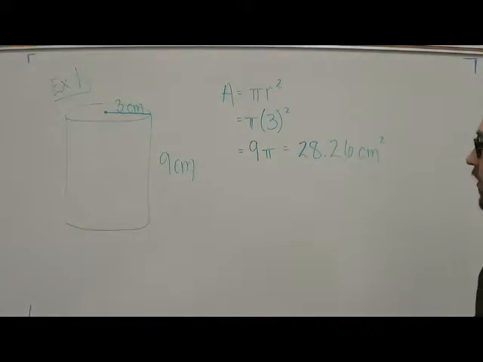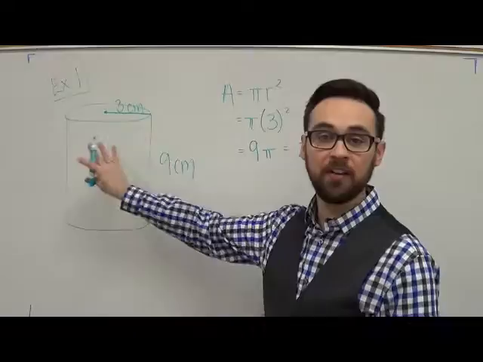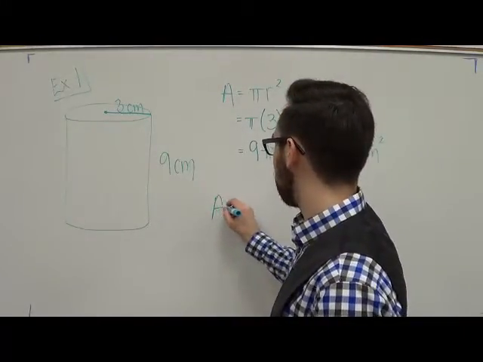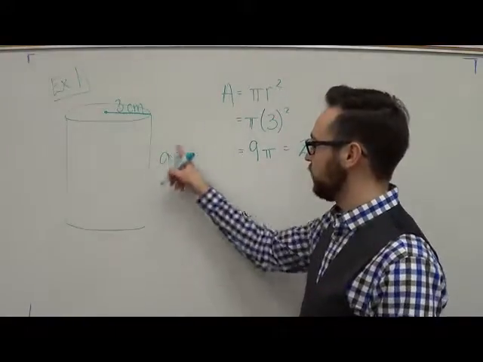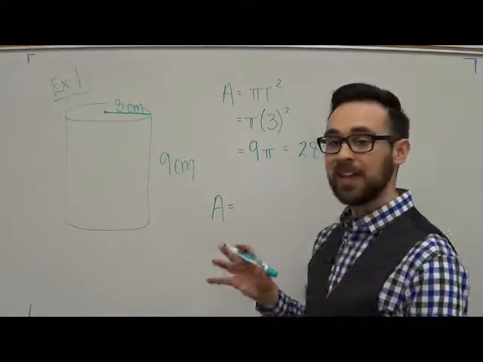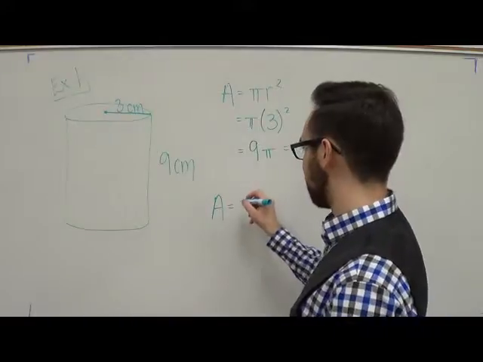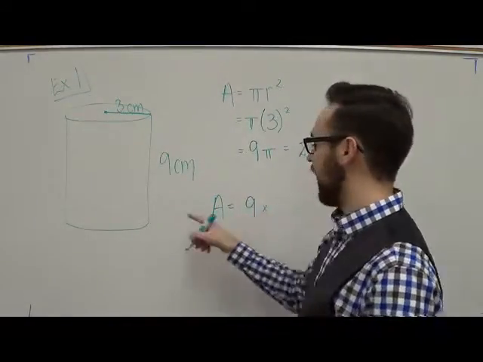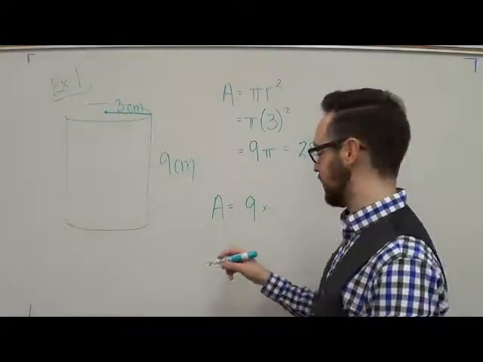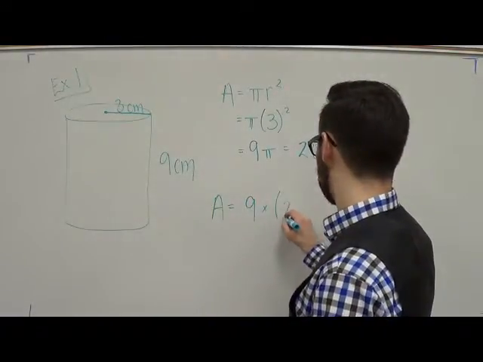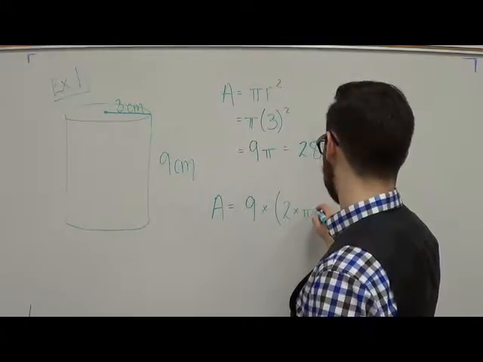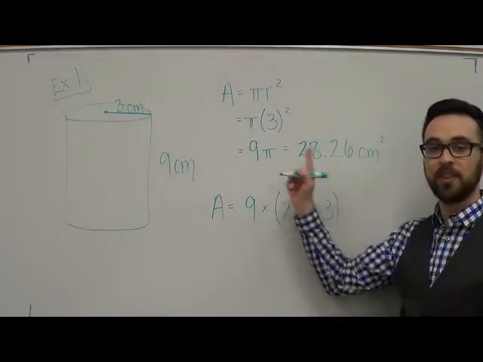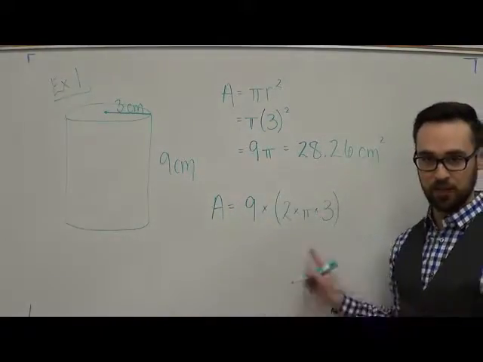Now we want to find the area of our label. You want to find the area of the rectangle going around the side, right? Well, the area of that piece is going to be length times width. So this is our width, which is 9. But what's that length? It's the circumference. So it's 2 times pi times our radius. So you have to do the circumference formula within the area of the rectangle formula.